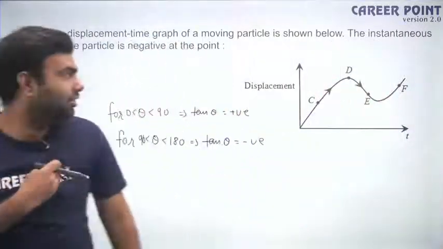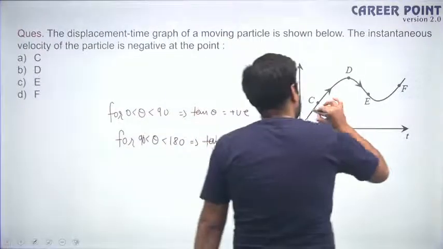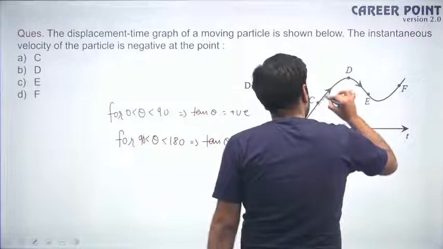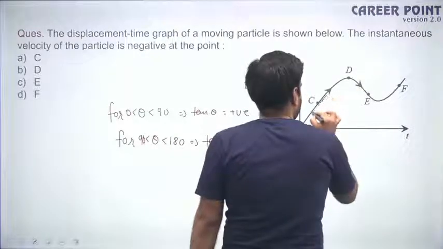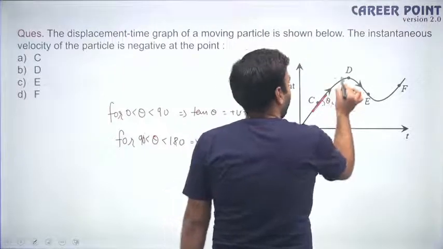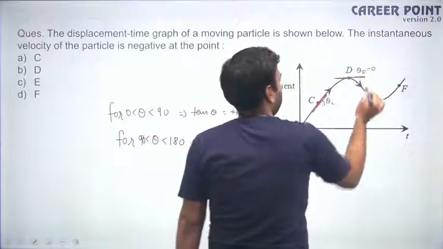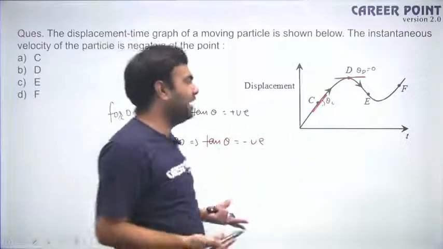Okay, so let us solve this. At point C, as you can see, this is the slope and this is theta C. At point D, theta D is equal to 0 because it is not making any angle with the time axis.